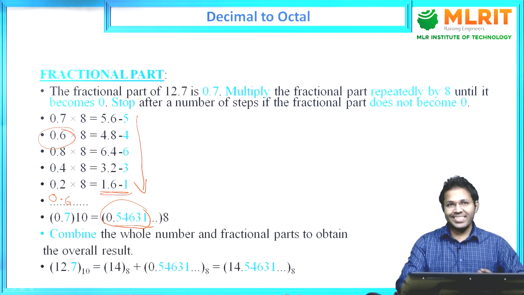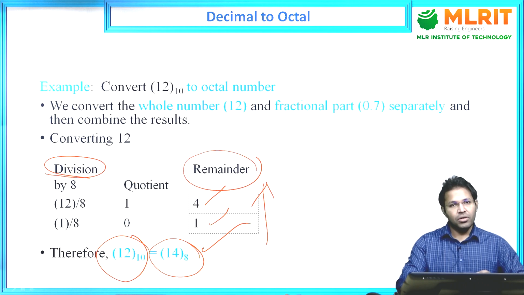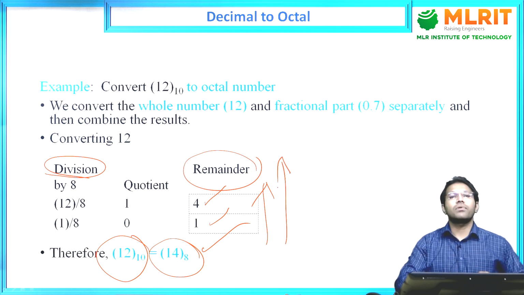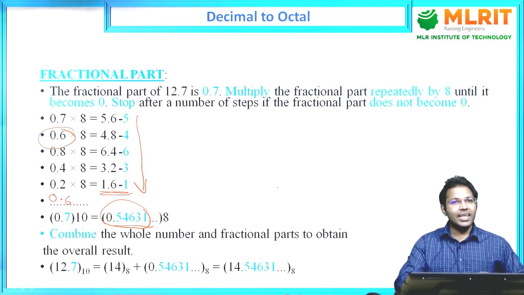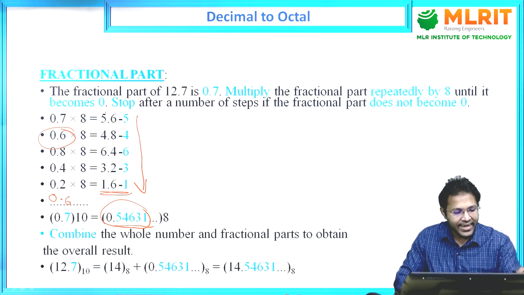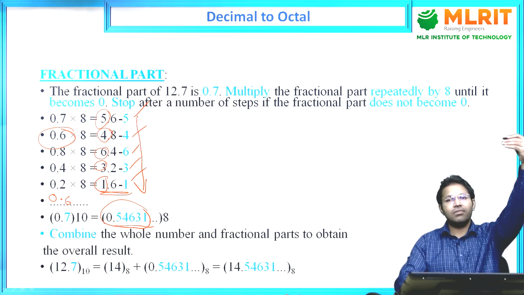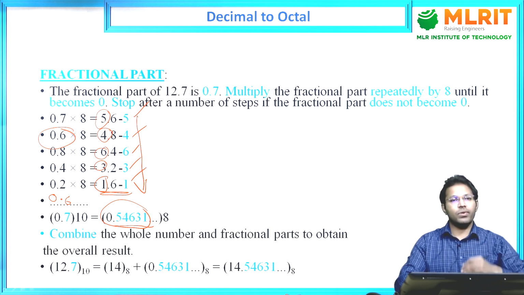In the previous case we took the remainders from bottom to top. Here we are taking out the digits which are to the left of the point, and we are writing them here. But now we need to consider top to bottom.